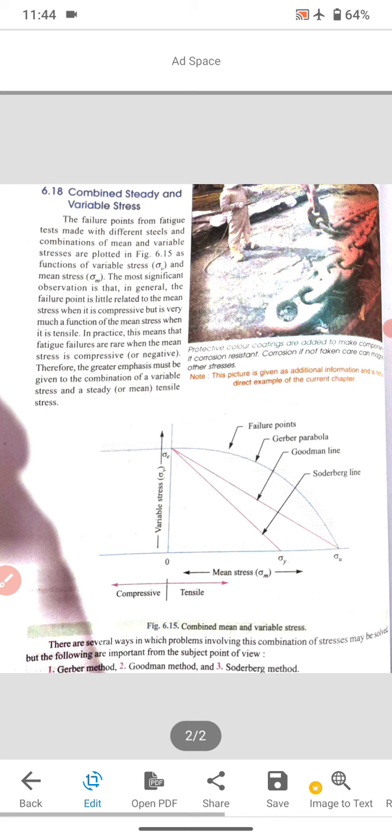Okay, so come to the point, that is the Gerber parabola. The scientist Gerber gives a parabola for a combination of steady and variable stress. His curve starts from sigma e, that is the endurance stress value, against variable stress on the y-axis, and ends on sigma u, that is the ultimate stress value on the x-axis, against mean stress.